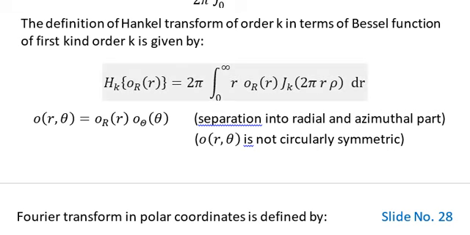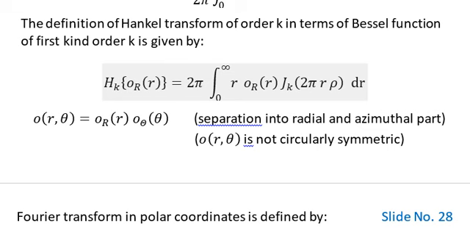This is the Hankel transform, H subscript k, operating on the radial part of the object O, which is O subscript R as a function of R. On the right-hand side we have the integral, equal to 2 pi times the integration from 0 to infinity, where the integrand is R times O subscript R of R, times J_k, the Bessel function of the first kind of order k, with an argument of 2 pi r rho, and the integration is with respect to the variable R.